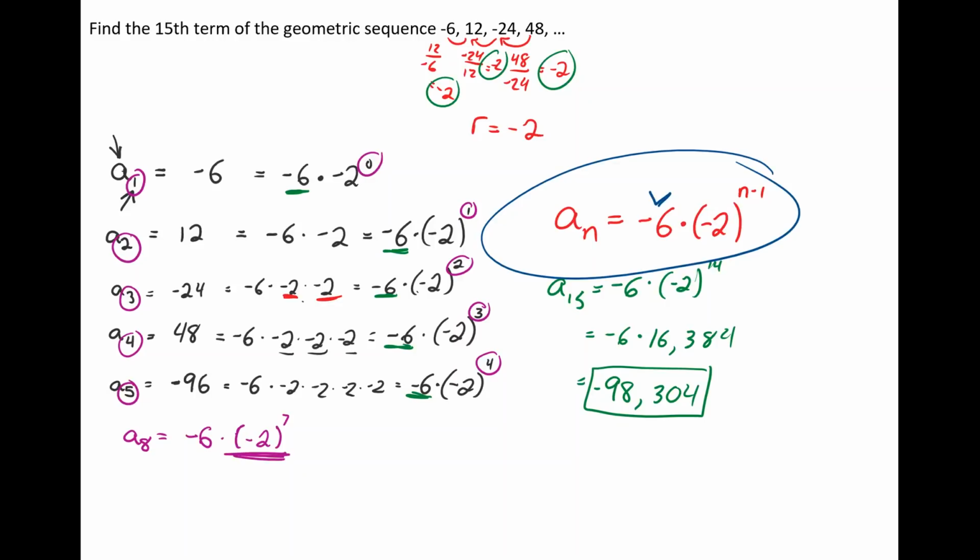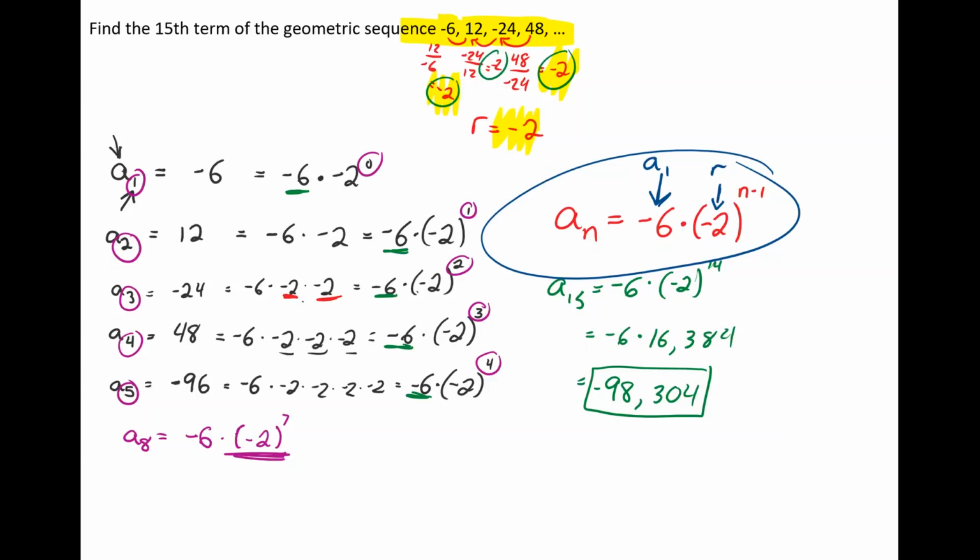Negative 6, what is that in the sequence I have up here? It's my first term, so I'm going to relabel that a sub 1. What about negative 2? In terms of my sequence, it is the common ratio, which we labeled r. So I'm going to relabel it r.